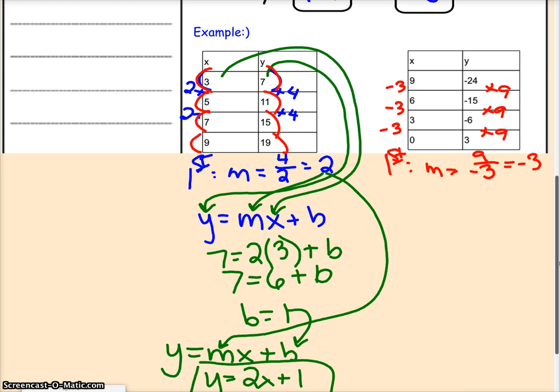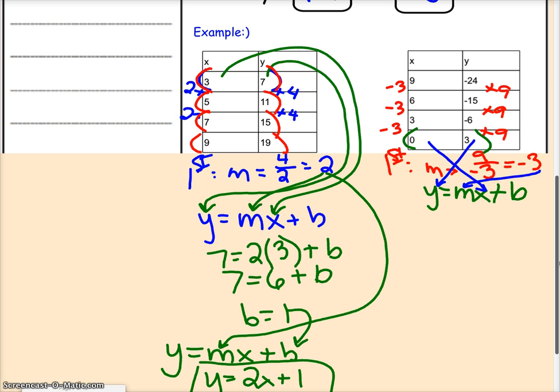Now I pick the easiest points I can, because it doesn't matter. Like Gatlin said, does it matter? Nope, doesn't matter at all. So anytime you have a 0, trust me, you're going to want to pick that one. It is the easiest one. You have to do the least amount of math. M goes here. X goes here.